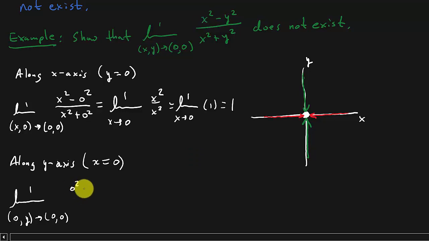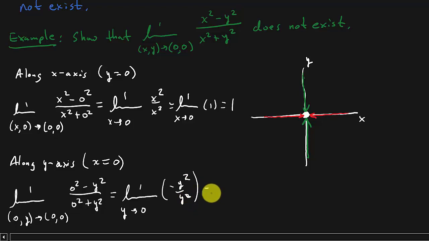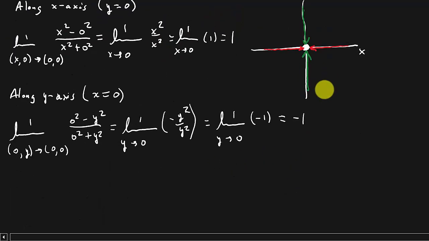We've got 0 squared minus y squared over 0 squared plus y squared. And that's the limit as, now we're just going to be in terms of y, so y approaches 0 of negative y squared over y squared. That equals the limit as y goes to 0 of what? Of -1. And so this limit is -1.